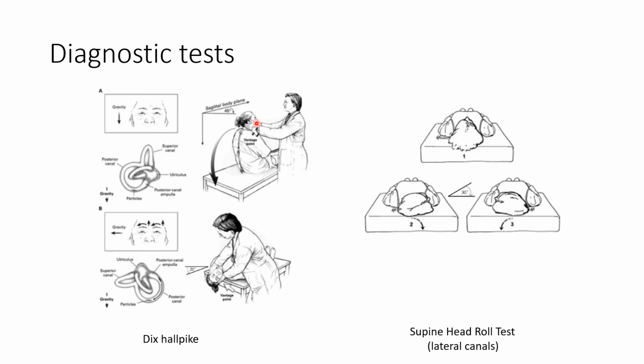If you're testing your right side, then you will turn them to the right side. And this is testing for the posterior semicircular canal, which is 80 to 85% of all patients with BPPV.